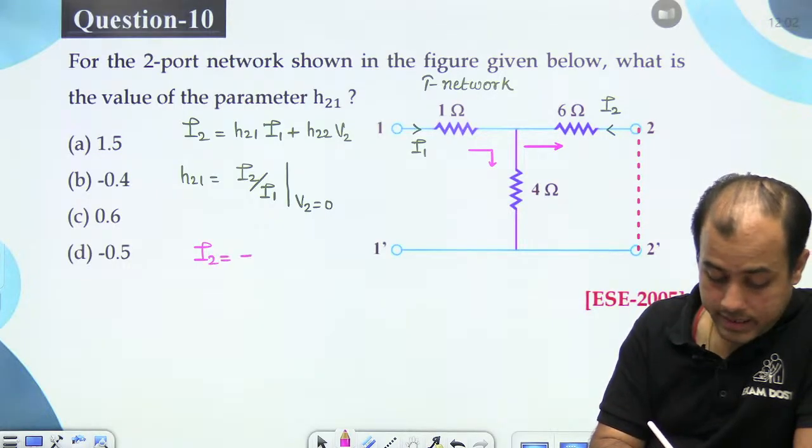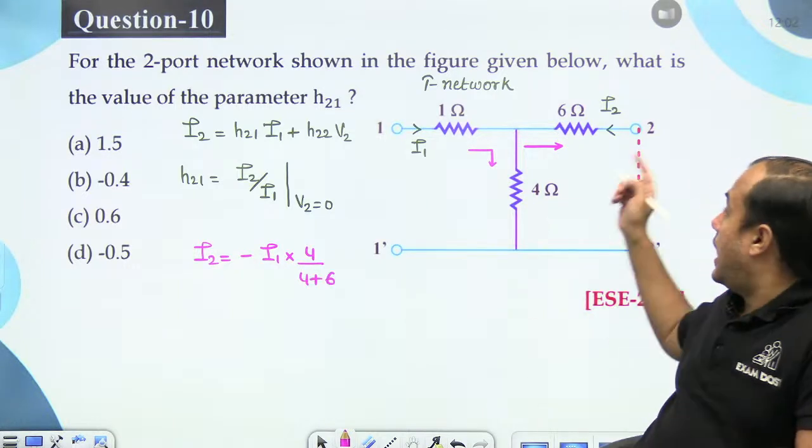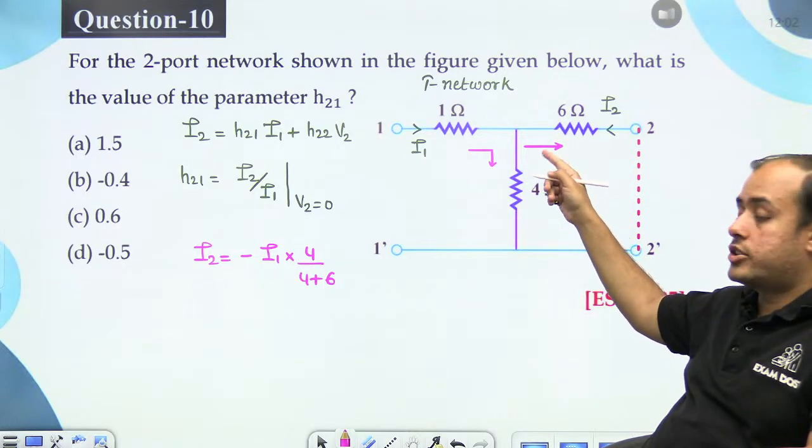I2 will be negative because it is going in the reverse direction. I2 is to the left, current should be to the right.